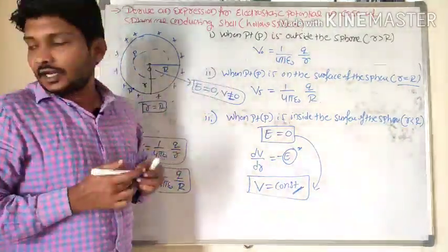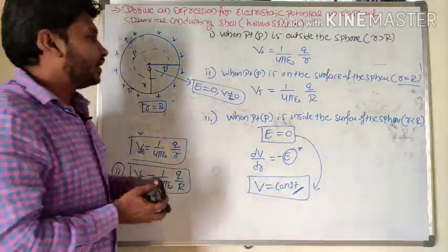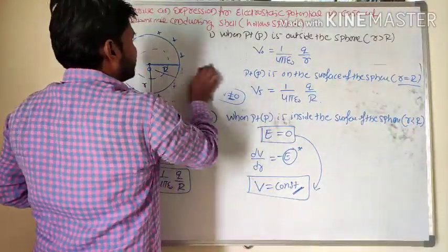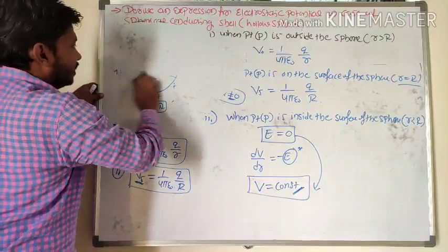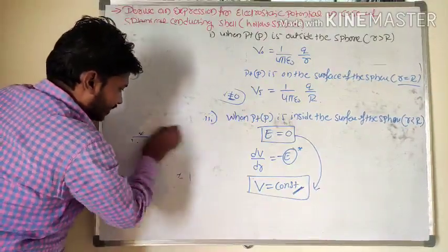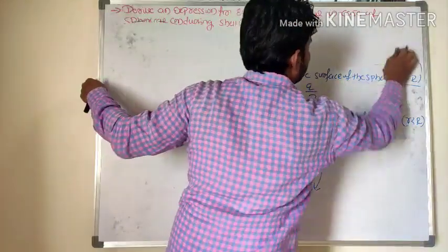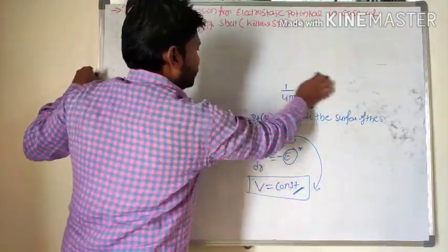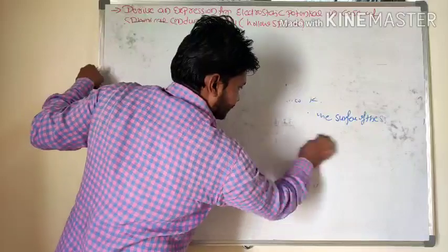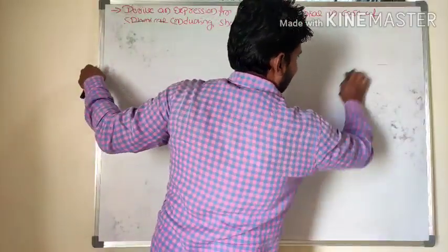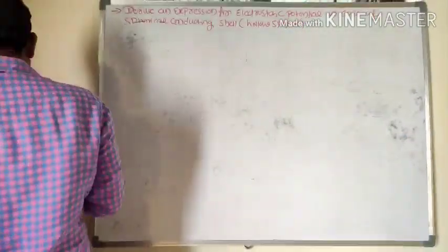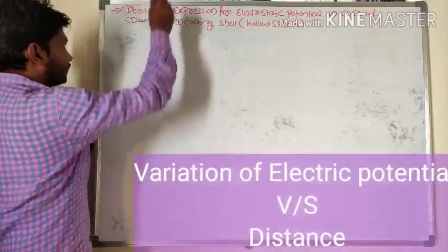Then what will be the nature of the graph of electrostatic potential versus distance? So let me understand from the graphical method the variation of potential with respect to distance. Along the x-axis I will consider distance, along the y-axis I will consider the potential value.